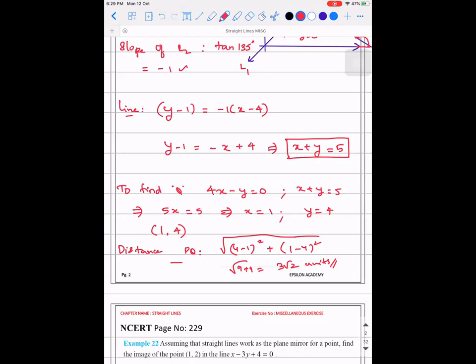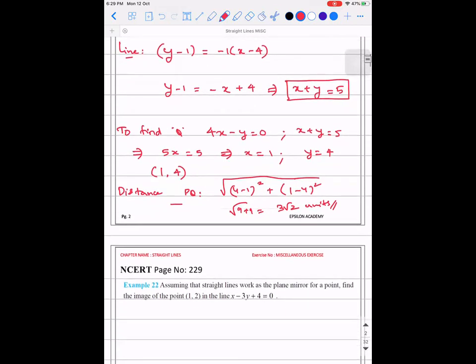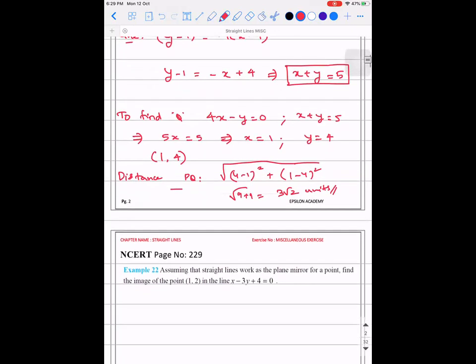Is it right? 3 root 2? I think it's a solid example, right? Yes. So root 9 plus root 9, that is 3 root 2. So I'm moving on to the next problem.